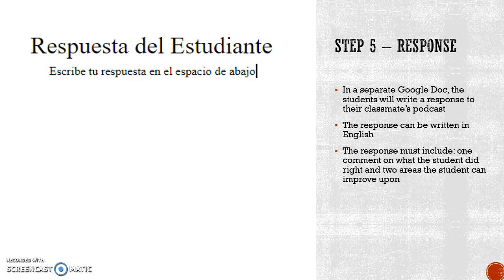So we don't have any strict length requirements for the podcast. The main requirement is going to be that each student lists one comment on what the student did right or how the student utilized the new vocabulary effectively, and two areas the student can improve upon. This will be in a separate Google Doc for the students to just write a short response to each student that will be easy to access.